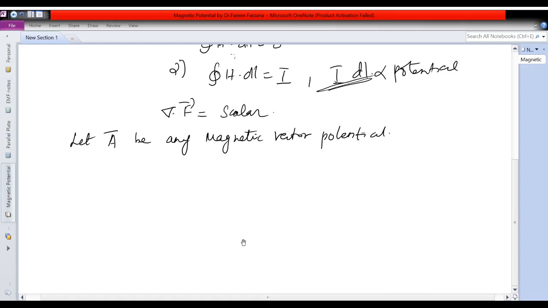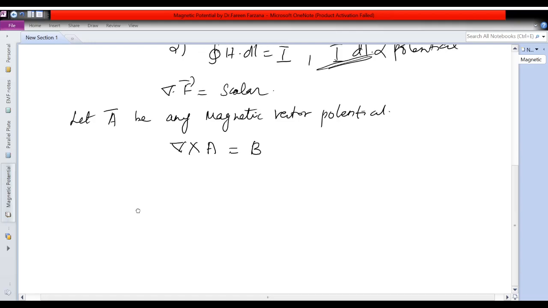Now I have told you that the divergence of a vector is a scalar, but here magnetic vector potential is a vector, so we are going to express it as a curl. So A is your magnetic vector potential, and curl of A is equal to the magnetic field.